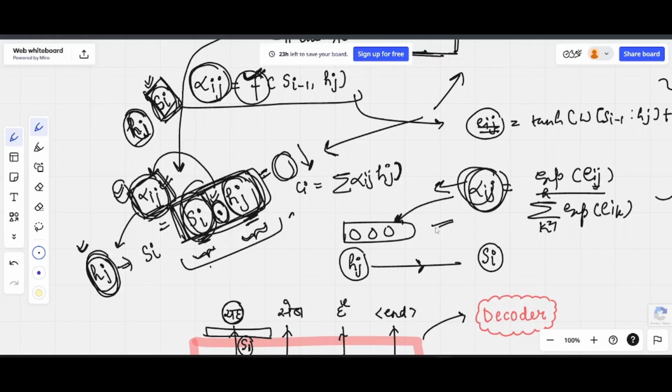It will be a function of it. If it is not a function of it, then you will not get the correct output. So if these two quantities are very similar, by similar I mean aligned, then our input carries more importance in giving this output. And that importance is nothing but R alpha ij.